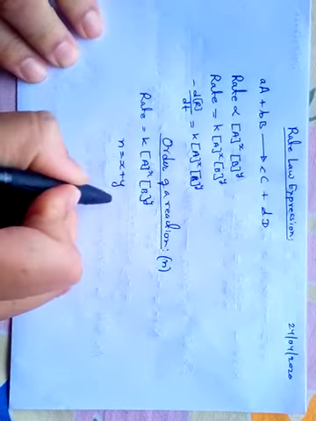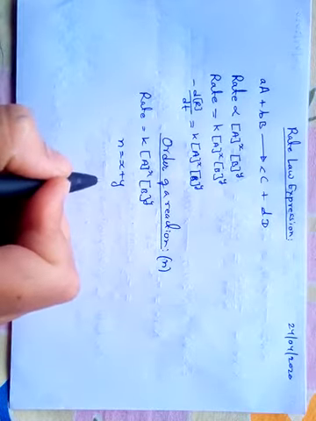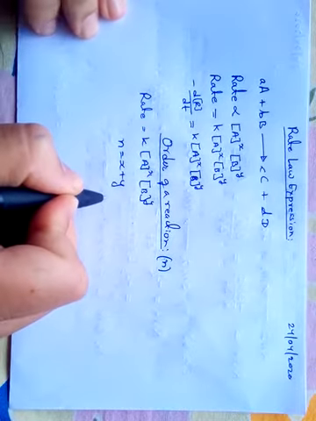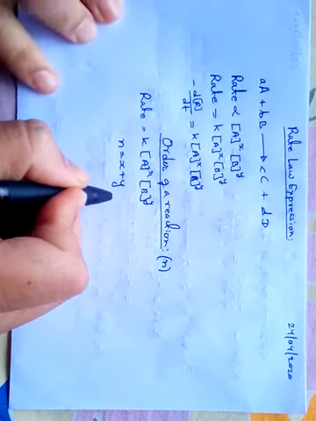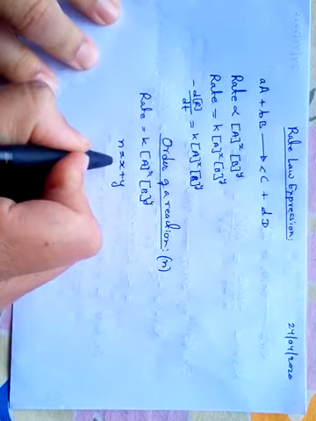So n equals x plus y in this case. Now we have to remember that order can be 0, order can be negative, order can be fractional. So a variety of values can be expected for the order of a reaction.